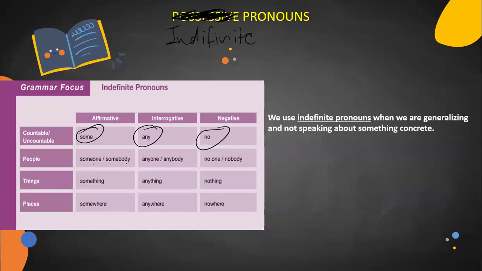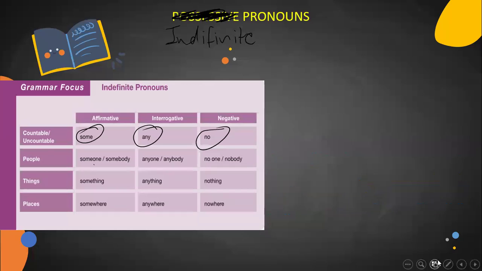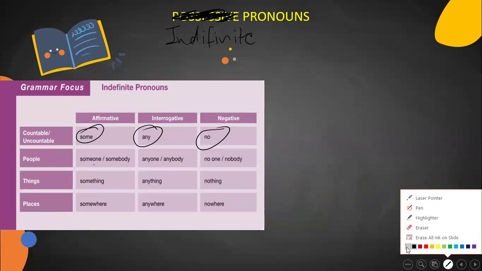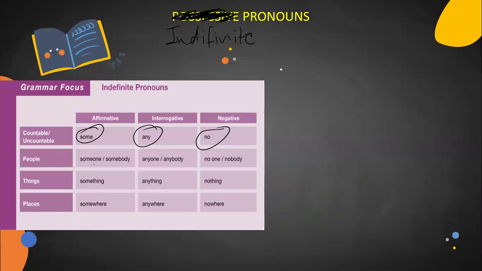So what are the sentences here? The sentences are: I found somebody. When I entered the class, I found somebody. Do I know this person? No. Do I mean anybody here? No. It's a general word, somebody.